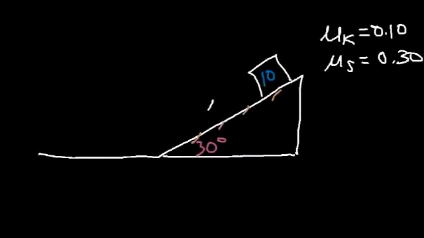So we need to calculate Fg, which will accelerate the object down the incline. Now keep in mind, we still have the frictional force. If it's moving, it's Fk. If it's not moving, it's Fs. We need to find out which frictional force is active on this block. So the next thing we need to calculate is the normal force.